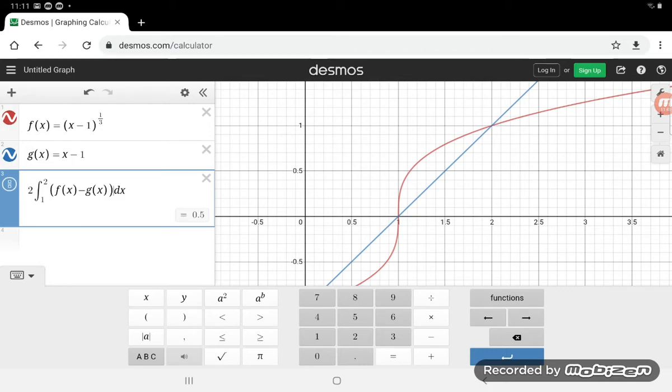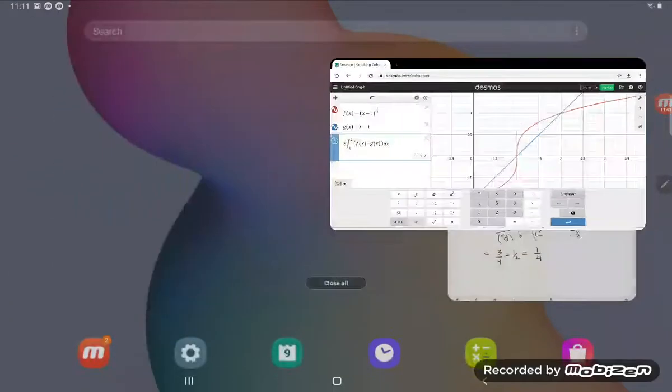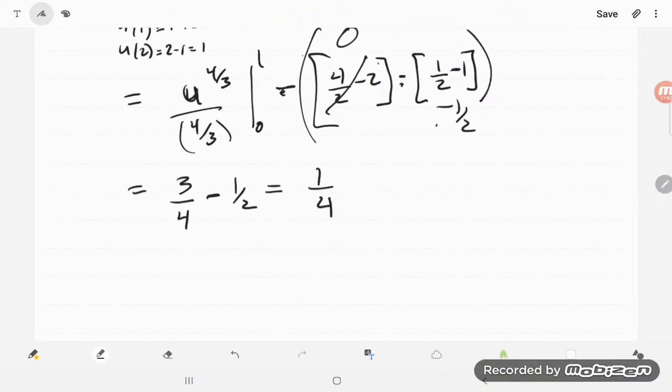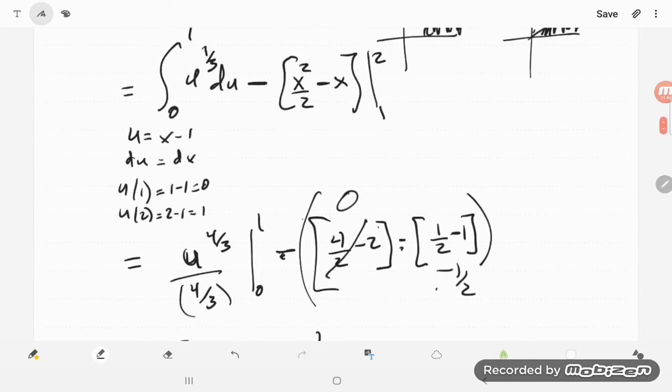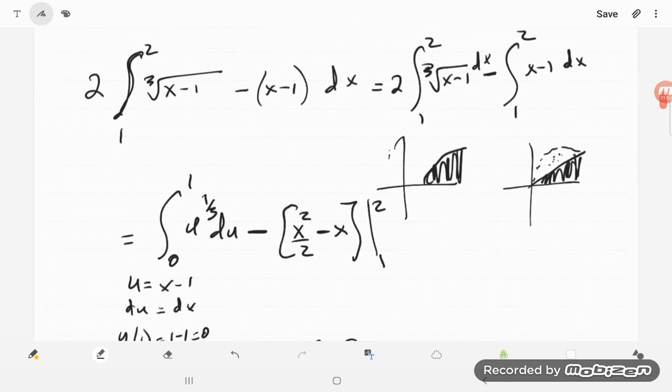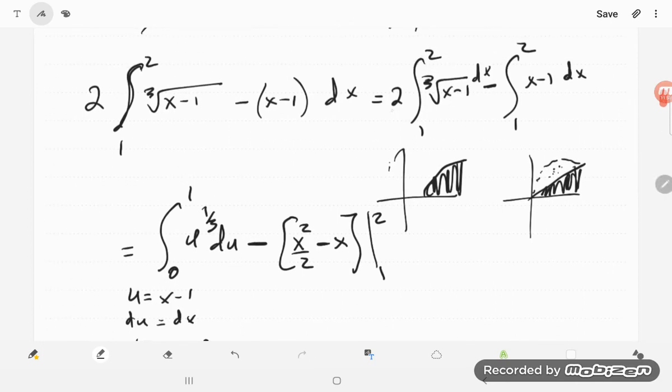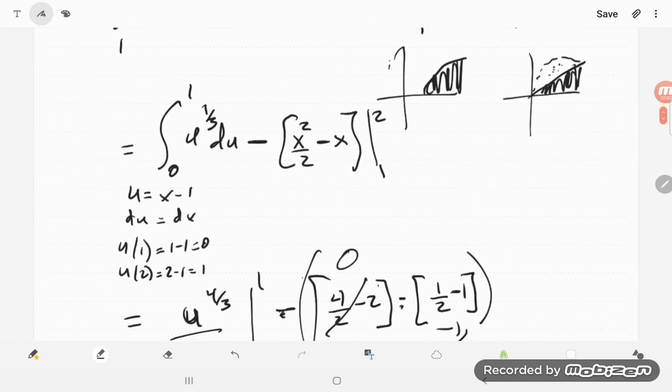Go back, right? I had 1/4. Well, yeah, what did I forget? I forgot my 2 along the lines there somewhere, right? So I had my 2. Now, see how sloppy I was? There's a 2. And so I need my 2 there and my 2 there.